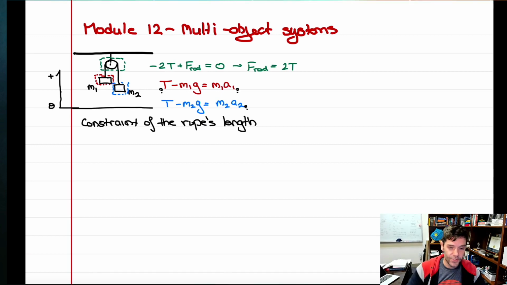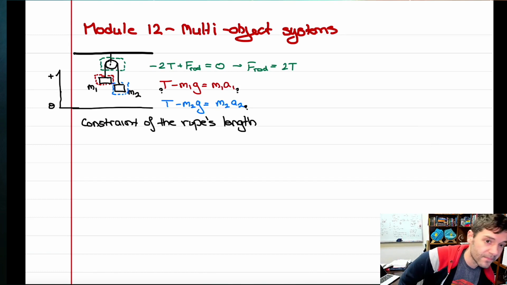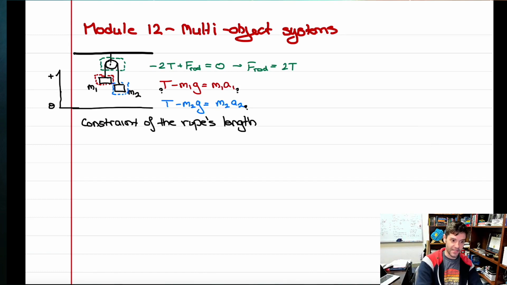The rope is not changing size, as there can be more on the left and more on the right side of the pulley, but as the boxes move around, the length of the rope is not changing. That is a geometric constraint on the system, because that means that you cannot have M1 and M2 at arbitrary locations relative to one another, because they have to have a rope that goes up, goes over the pulley, and then goes back down to the other mass.